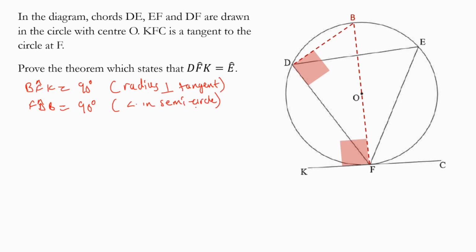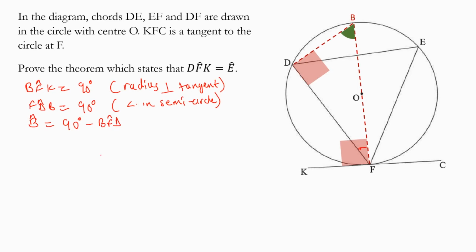We have angle B. What can you say about angle B? Angle B is equal to 90 degrees minus angle BFD, because we're looking at triangle BDF. So that is angle B there.